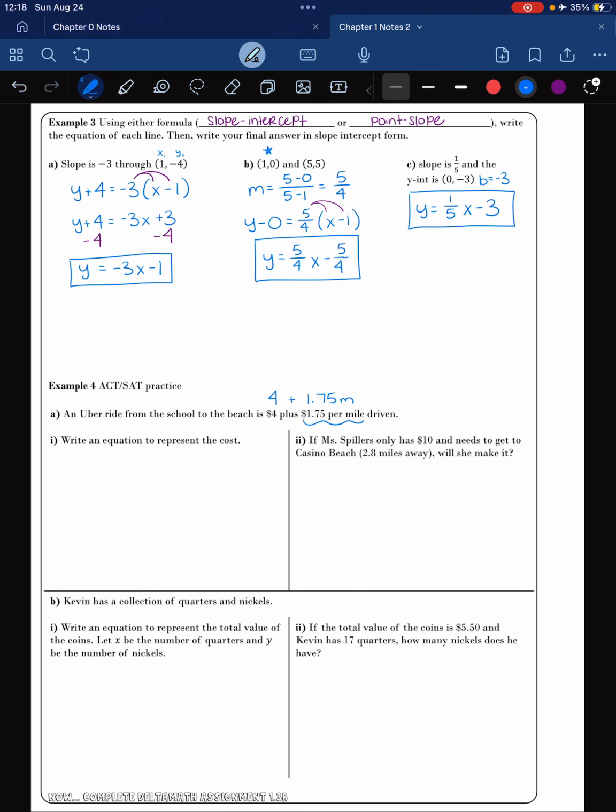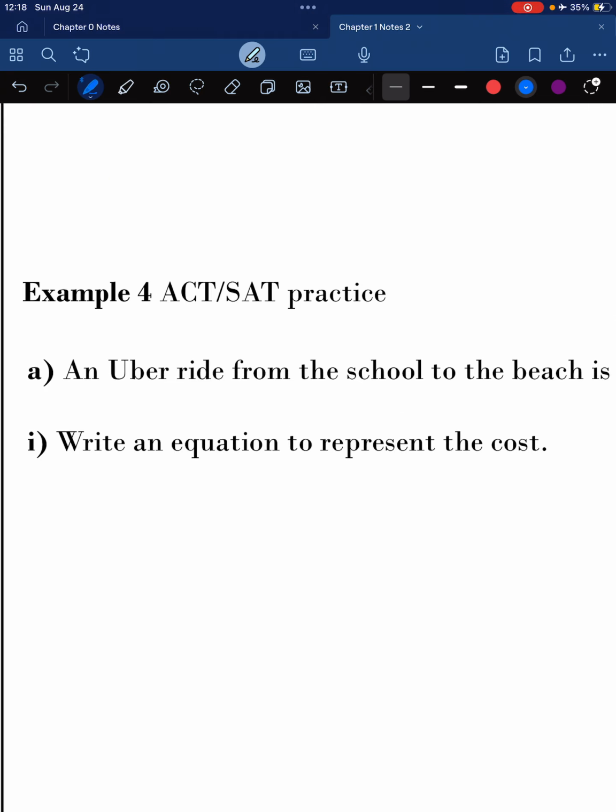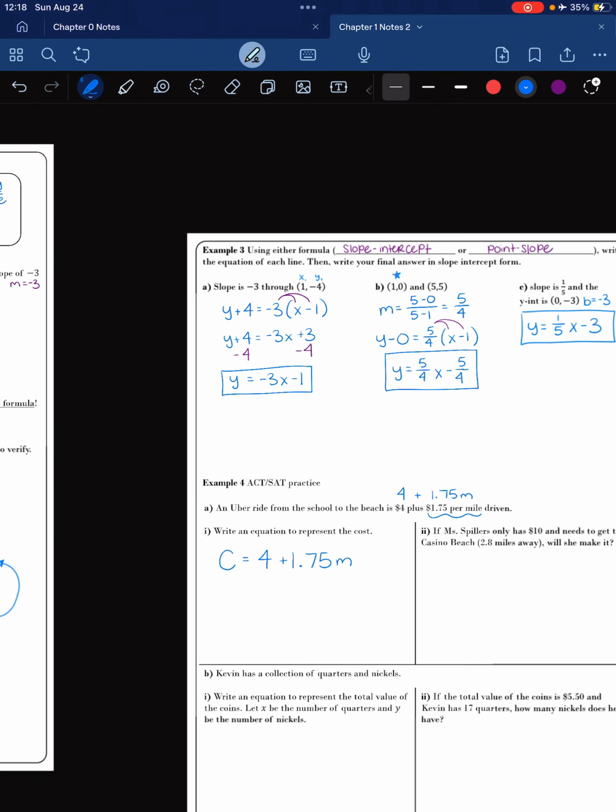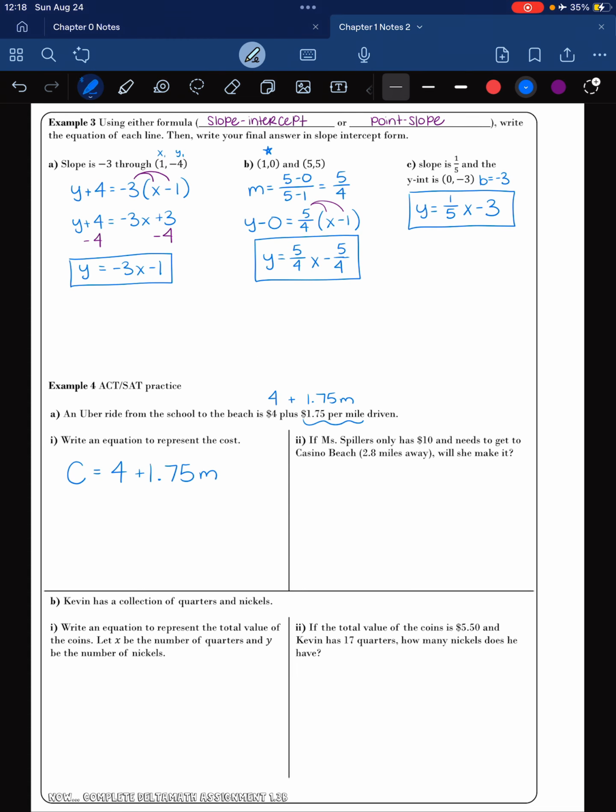Write an equation. Oh, how lucky is that? I already have my equation just by reading it and jotting down some notes. Write an equation to represent the cost. My total cost, C, equals $4 plus $1.75 per mile driven. That was so handy.